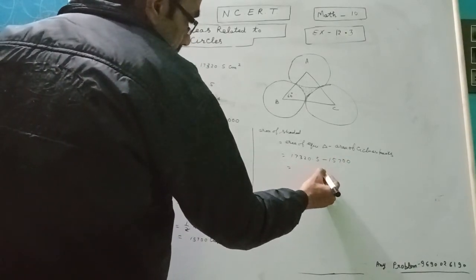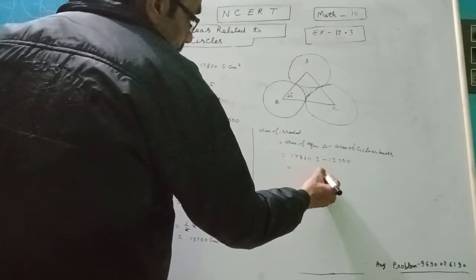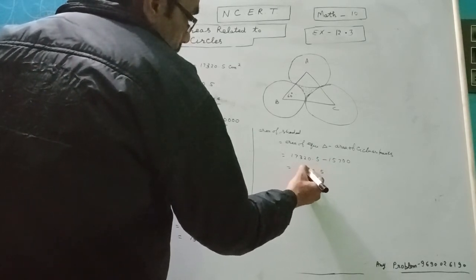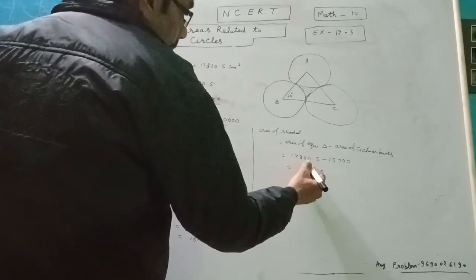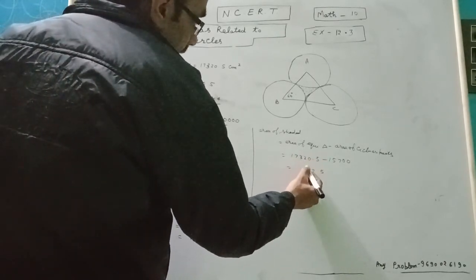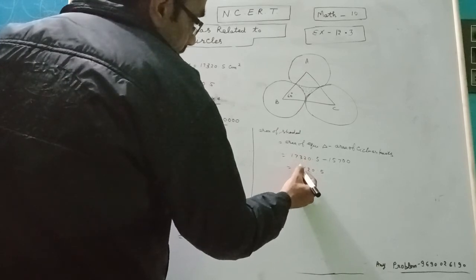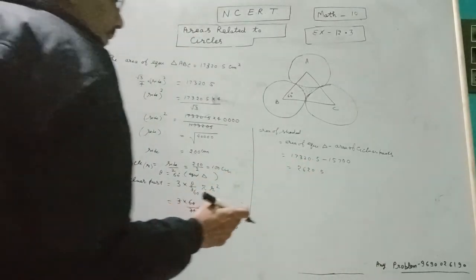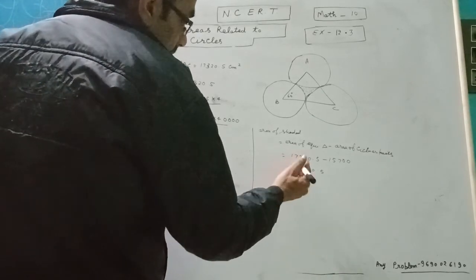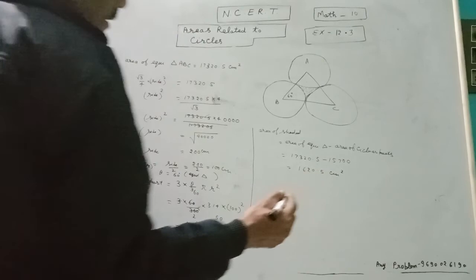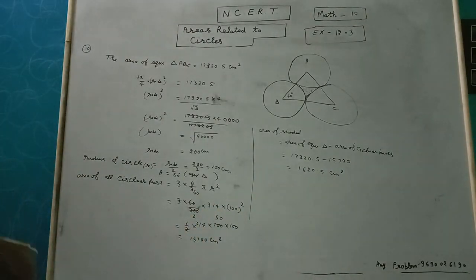After subtracting, we get 1620.5 cm square, the area of the shaded part. Thank you.